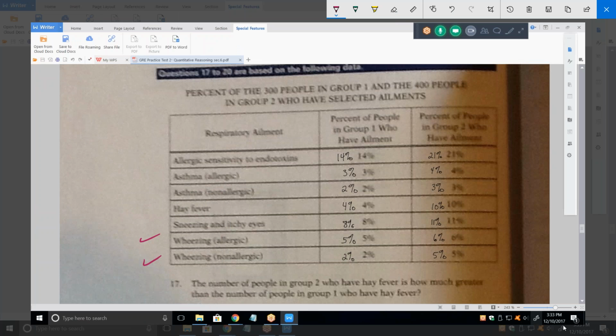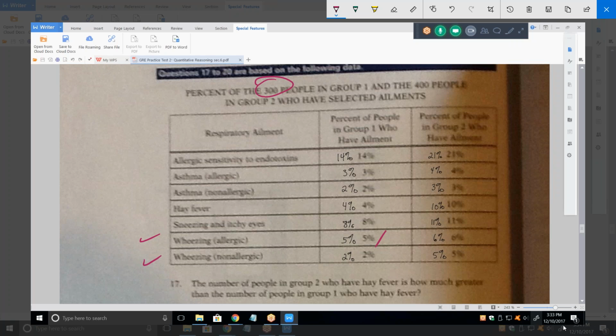Let's put some numbers on these. What's the number of people in group 1 that have allergic wheezing? It's 300 people in group 1, and 5% of them have allergic wheezing. That's a 3. 3 times 5.